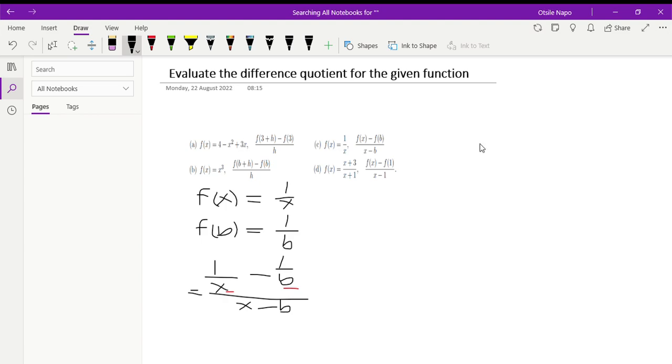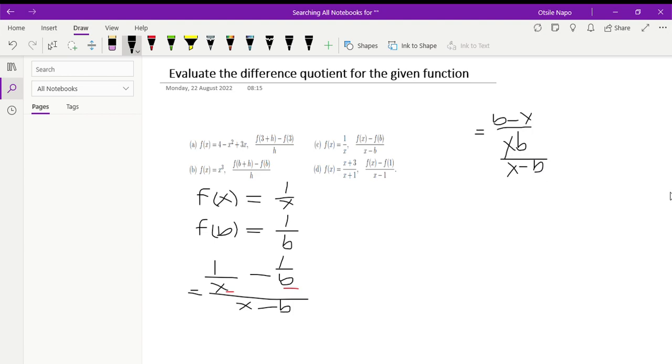So our common factor is going to be x multiplied by b over b minus x. So how did I get this answer? Or all divided by x minus b. So here's what's happening.